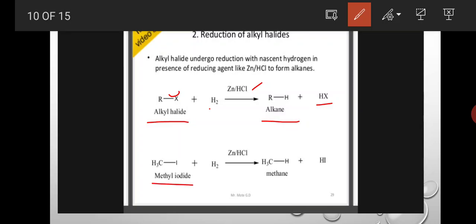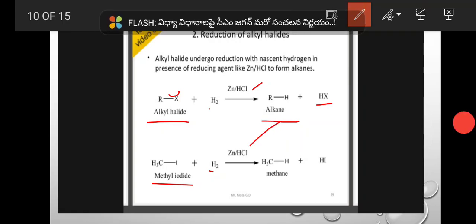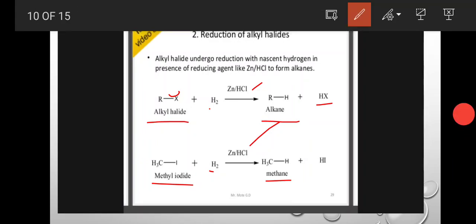Here the example is methyl iodide, CH3I. Methyl iodide undergoes reduction with H2 in the presence of zinc HCl and is converted to methane, CH4, plus hydrogen iodide.